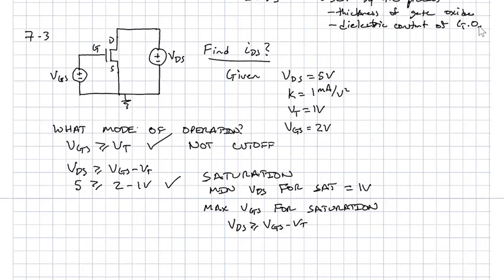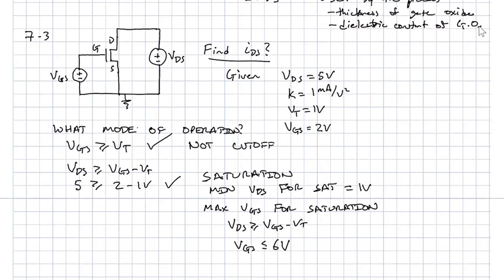So if we plugged in 5 volts for VDS and VT is 1 volt, VGS has to be less than or equal to 5 plus 1, or 6 volts. So as long as we have VGS above threshold, so 1 volt up to 6 volts, we would be in saturation, and we need at least 1 volt of VDS to keep that device in saturation.